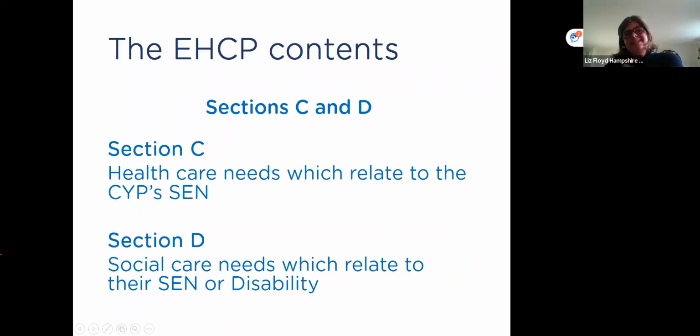Sections C and D are healthcare needs and social care needs. C is health, D is social care. For some people, there might not be that much written in these sections. If there's not a need for it, that's okay. In other cases there's a lot in these sections. It just depends.